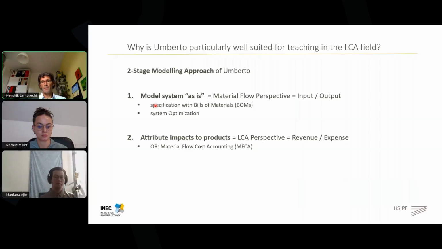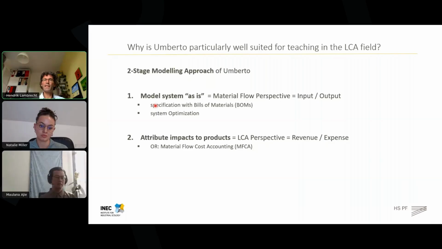And if we want to go in the direction of LCA, we can then do the next step and do this attribution, the second step. But there are also other methods to evaluate such a material flow model, for example, material flow cost accounting, which is as well possible.